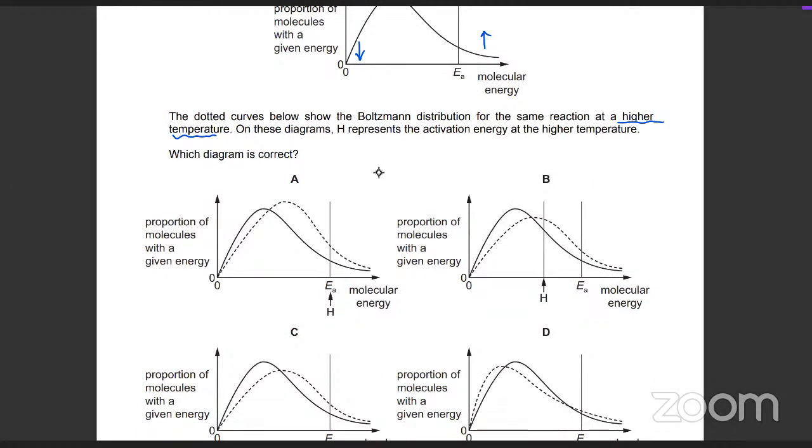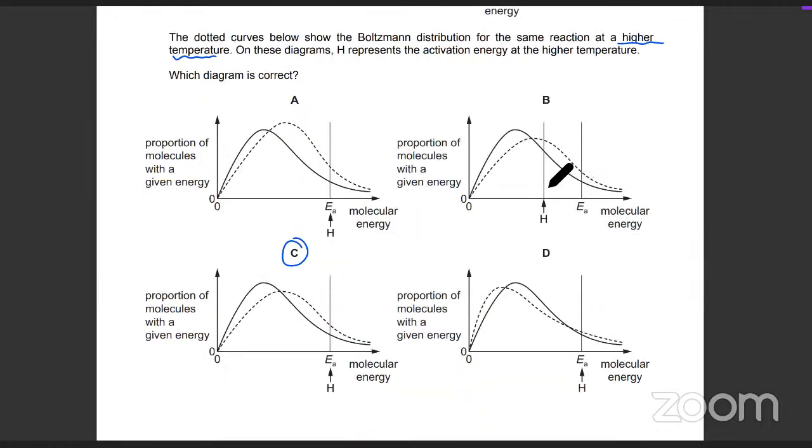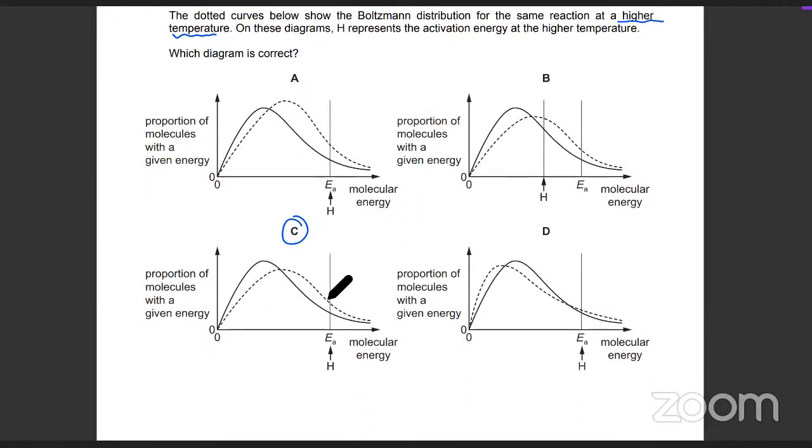It's either C or it's B, one of the two. Higher temperature, the curve will shift to the right. Sir, what is the issue with B? Why not B?